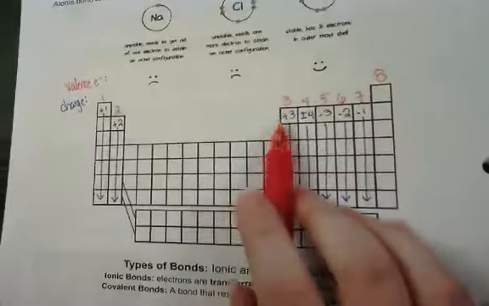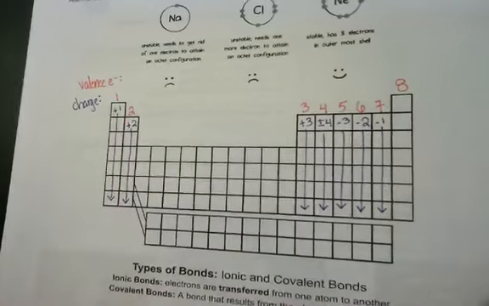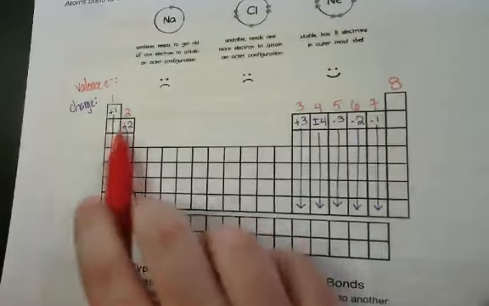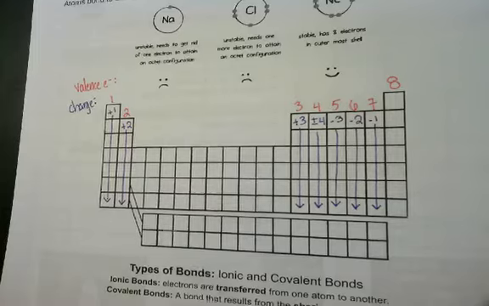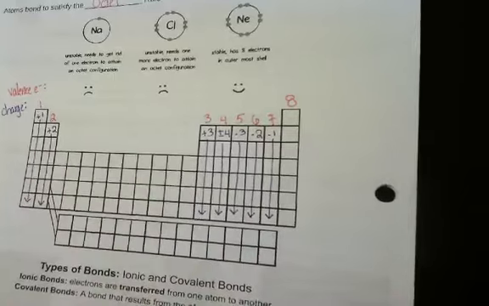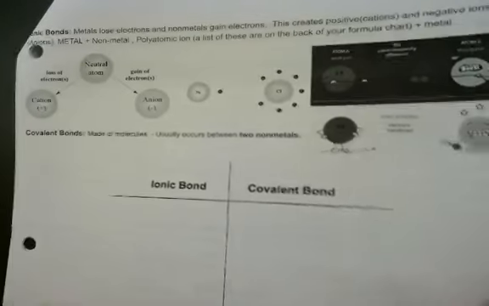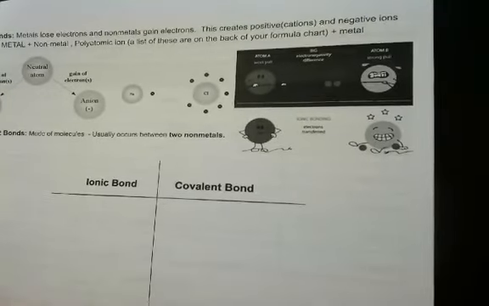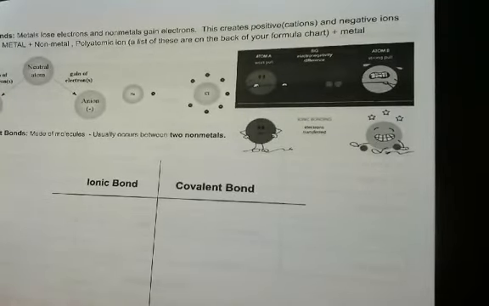And what did we say that our charge is for these? So positive, negative, positive. And positive means they're going to lose. So if we have a metal in our compound, that means that we have an ionic bond, because that metal is going to give away its electrons. And then the non-metal that it's paired with is going to receive them.